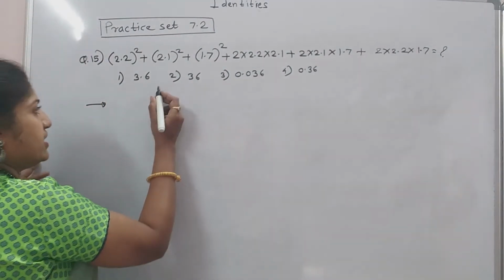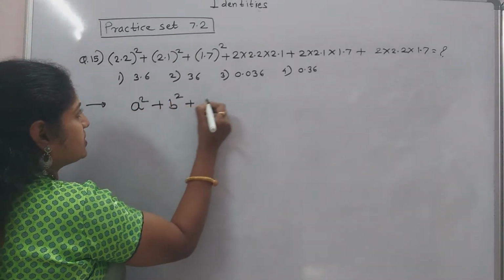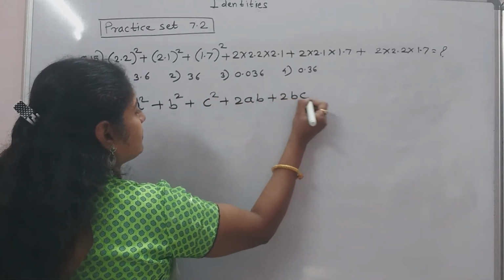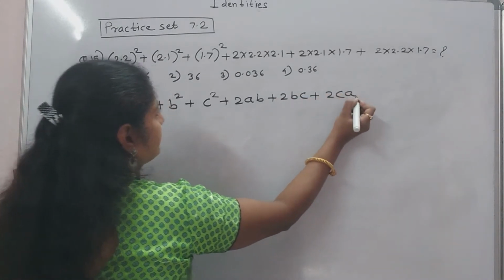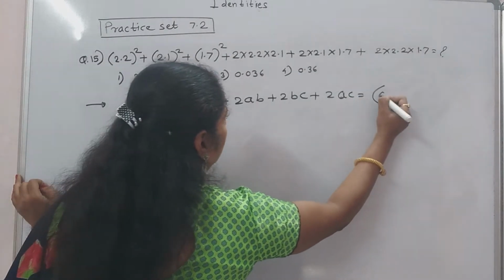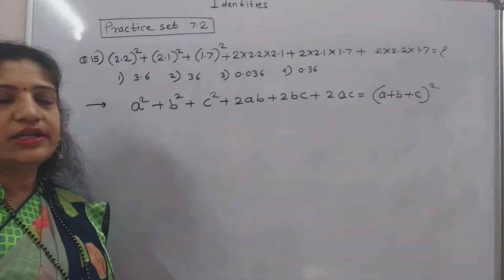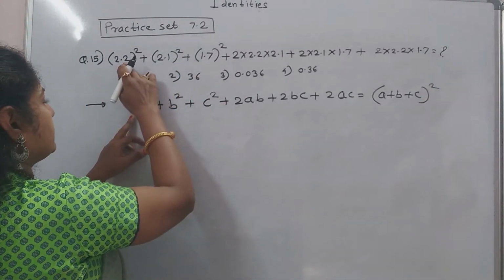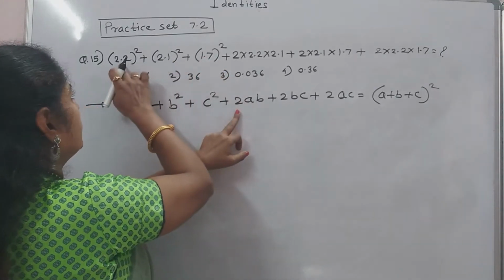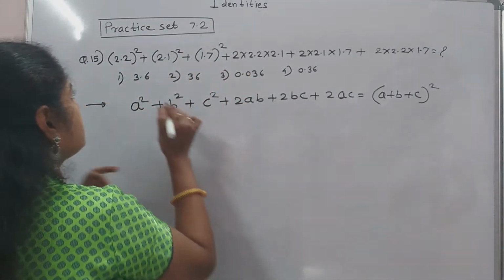I have one identity: a square + b square + c square + 2ab + 2bc + 2ca equals (a + b + c) whole square. I use this identity.